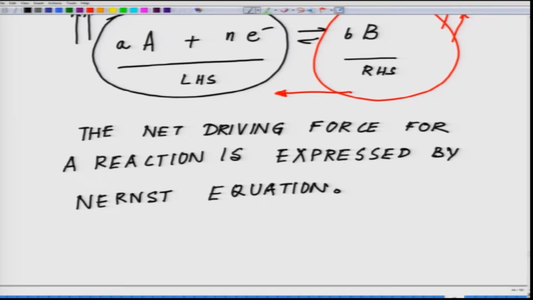If I put the Nernst equation in place, it has basically two terms.